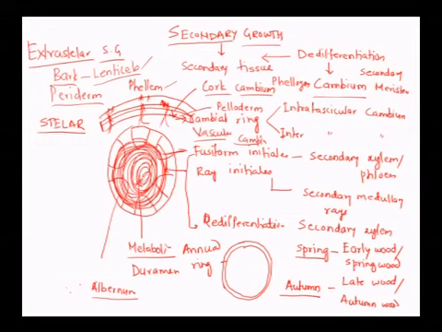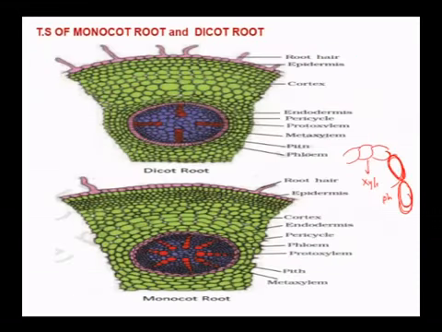This is how secondary growth goes on increasing the girth, that is the diameter of the plant body, and helps in perennation.